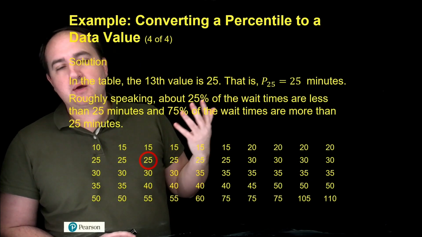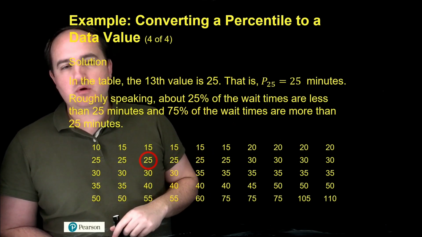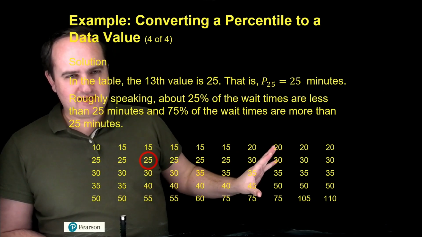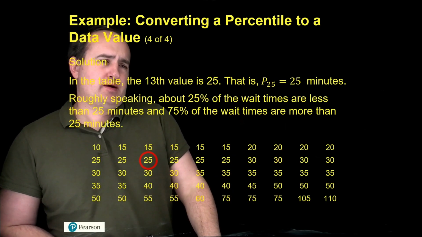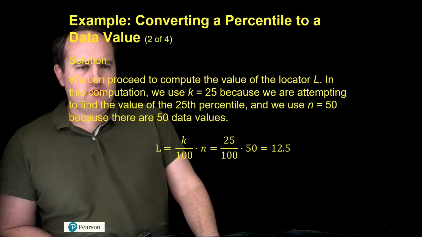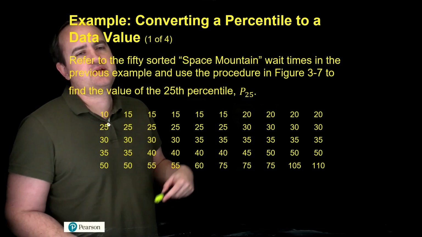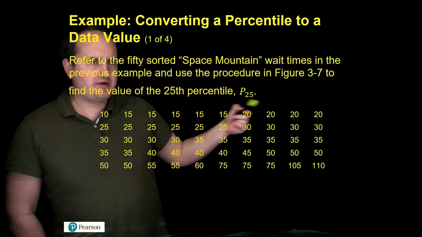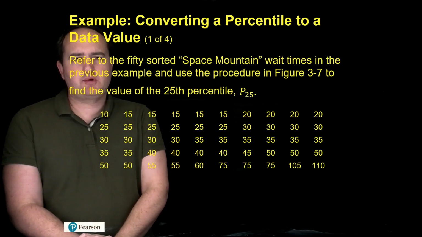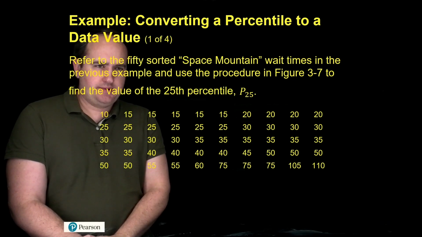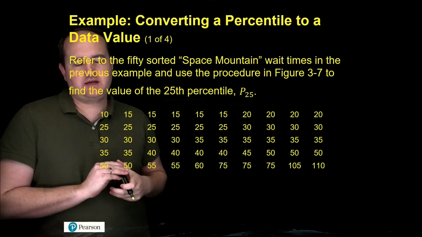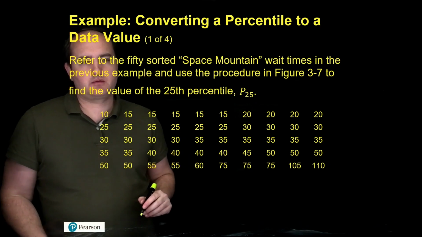Before we go on to quartiles, I just wanted to do a quick additional example that's not on the slides, using this same data set. Let's say instead of finding the 25th percentile, we were asked to find a percentile that's more challenging, like the 56th percentile.